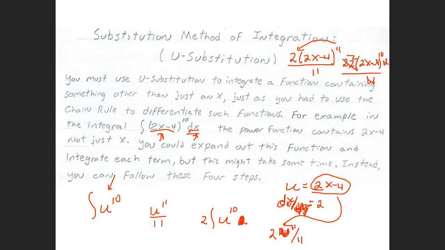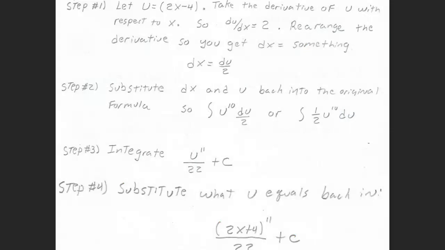Okay, let's go to the next slide. So U substitution deals with, that's where I kind of thought I made a mistake, thank goodness I had my notes here. Let u equal 2x minus 4, and then we take the derivative of that. So we end up with du/dx equals 2, and then we solve for dx.